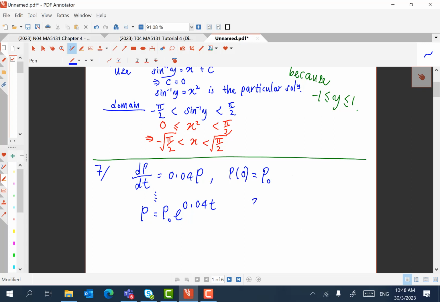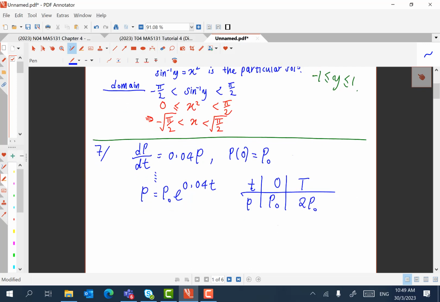And then what they want is, at time t equals 0, you have P naught, to 2 P naught. Basically you're asked to find big T. Then you can do your sums, and your big T is equal to ln of 2 divided by 0.04.